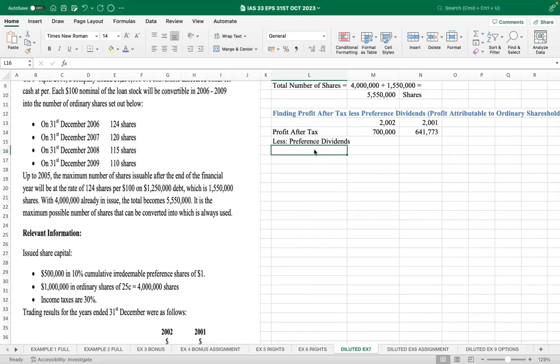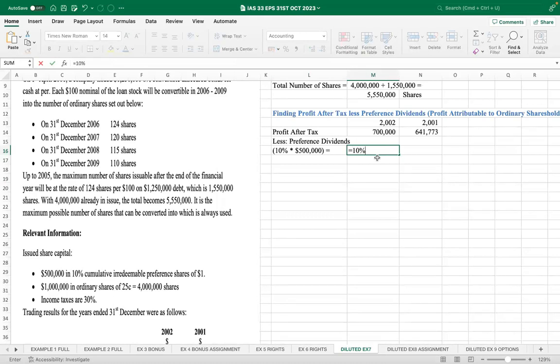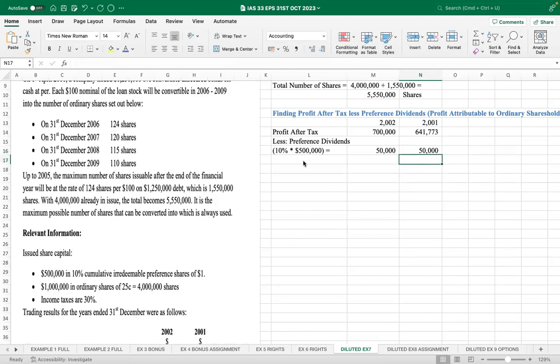It will basically be 10% times the preference shares value, 10% times 500,000, and on this other side also 10% times 500,000 per year, of course. So our preference dividends, we have found to be 50,000, 50,000.